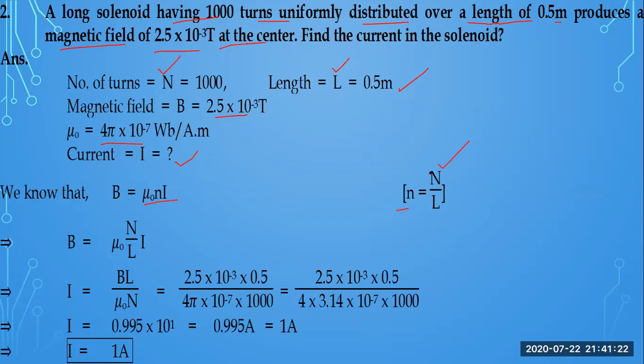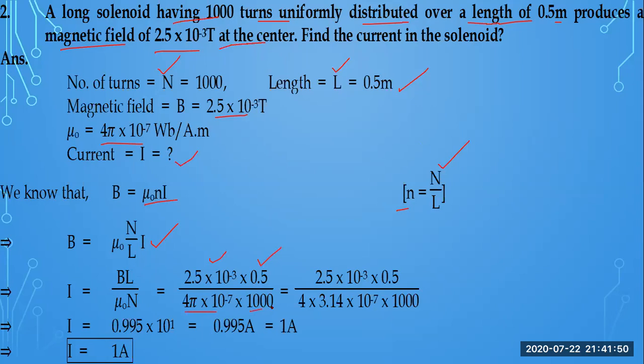After putting in the values, by using this formula, you can calculate the current. I is equal to B divided by mu naught n. The value of B is given in the data, the length of the solenoid is also given, and mu naught is also given.